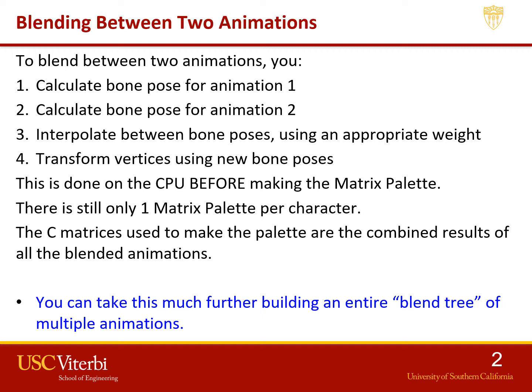You can take it further, though. You can make an entire blend tree of animations, where you were playing the idle and then you started walking. So we're blending from idle to walk. And while we're doing that, we're also going to start moving diagonally. So now we're moving a little bit of idle, some walk forward, some walk to the right.